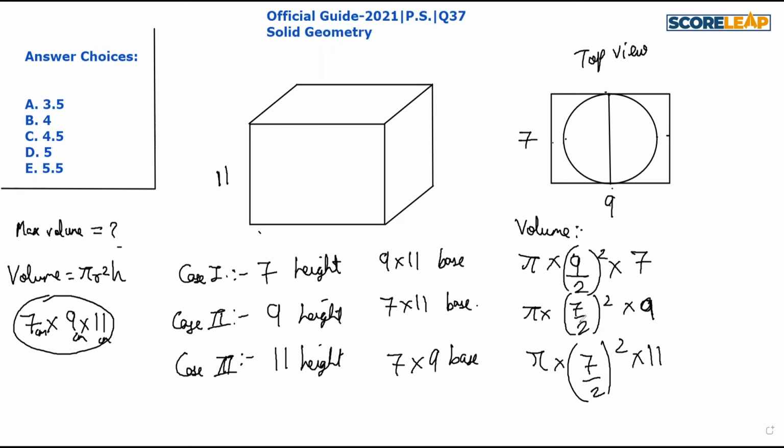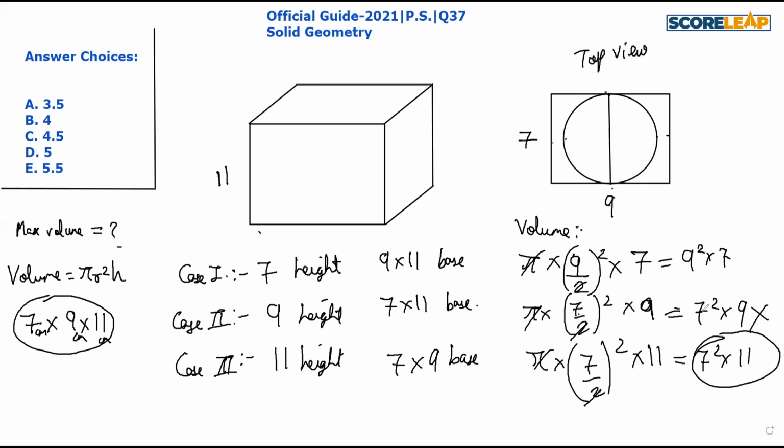Let us compare the last two first. Pi and the 2 square are common in all of them, so let's cancel them. Here we have 9 square into 7, here 7 square into 9, and here 7 square into 11. Between 7 square into 11 and 7 square into 9, 7 square into 11 is definitely greater, since 11 is greater than 9.